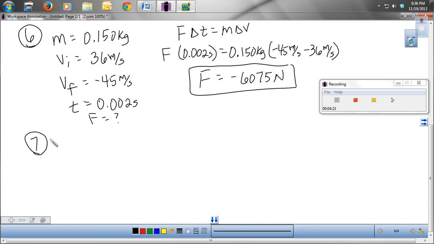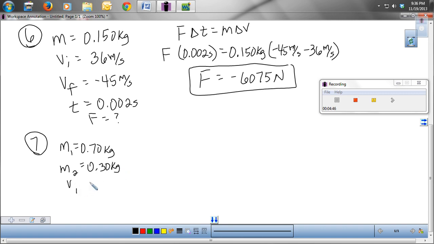Number 7 talks about at a state fair, Bob is throwing a ball trying to knock over a bottle. And so what we know is that mass 1 is 0.70 kilograms. Mass 2 is 0.3 kilograms.